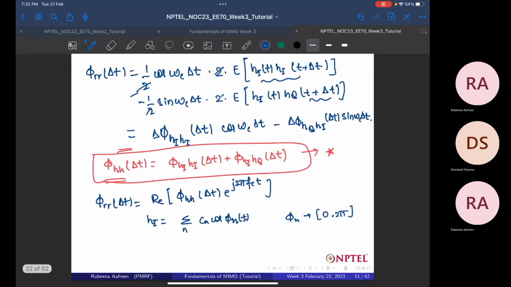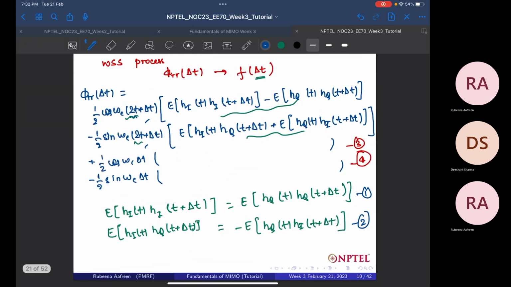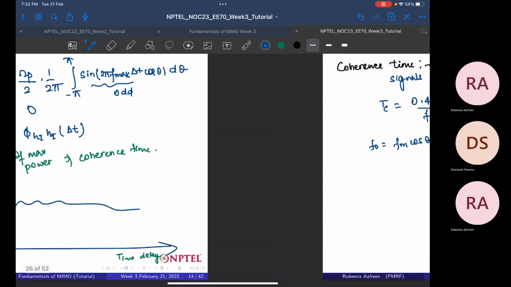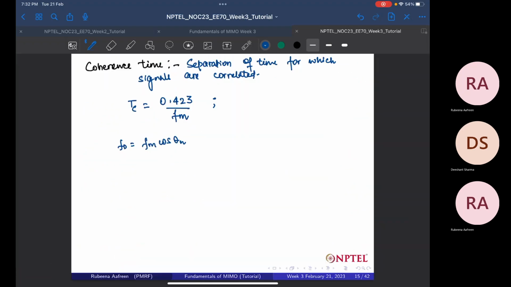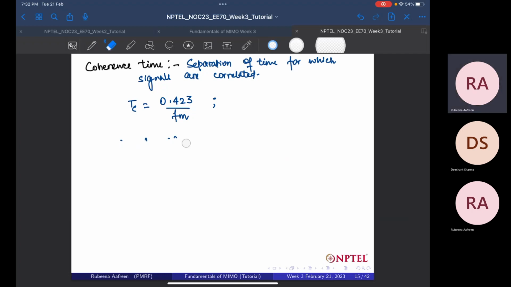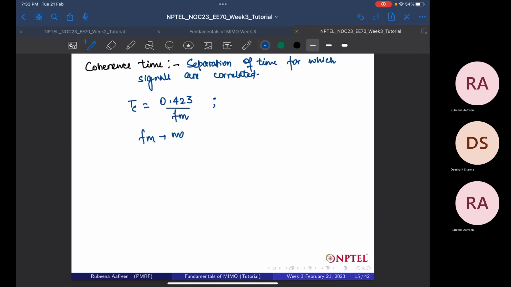Correct. Fm would be V by C into Fc. So Fm is maximum Doppler shift.